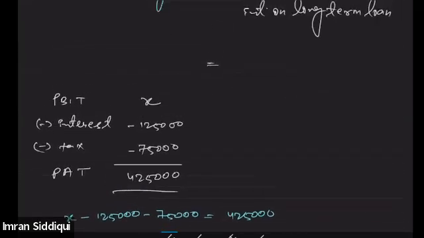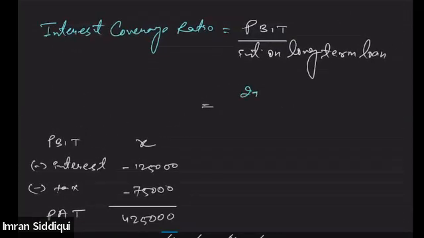Now taking this value into the formula, we can write down 2,25,000 here, dividing it by long-term interest 1,25,000, right? Am I making some mistake?